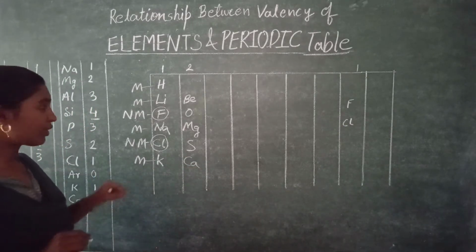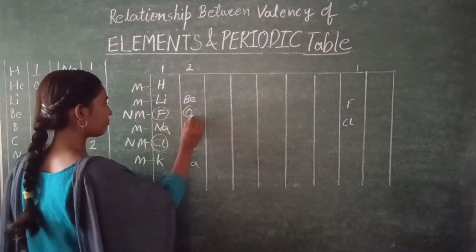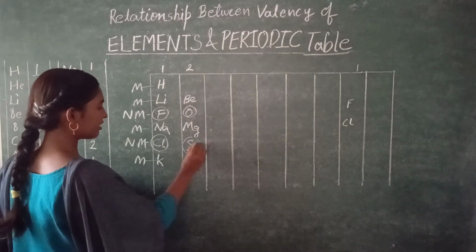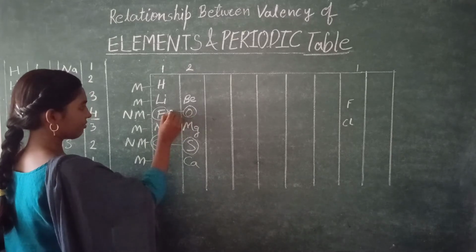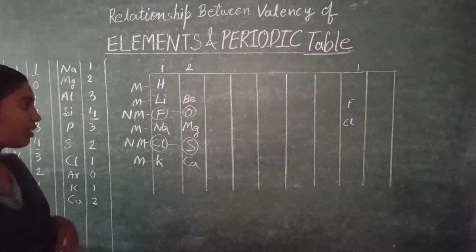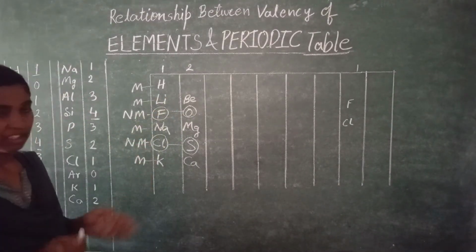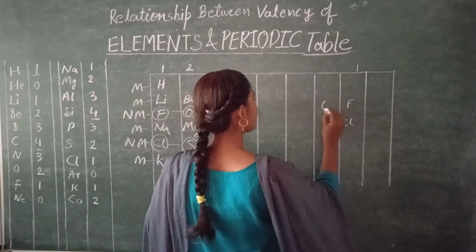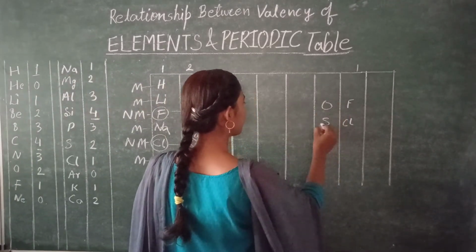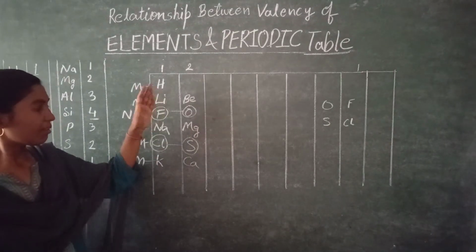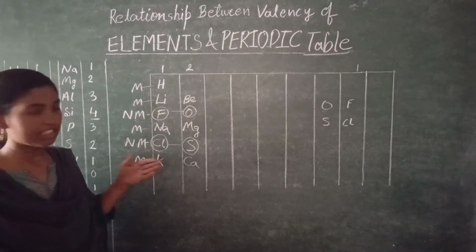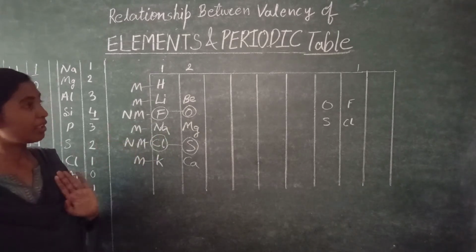Now in this also, what is the problem? This oxygen and this sulfur are again non-metal. So again I will keep them separate. Here I am keeping oxygen and sulfur, and this beryllium, magnesium and calcium are metal, so let them stay here only.